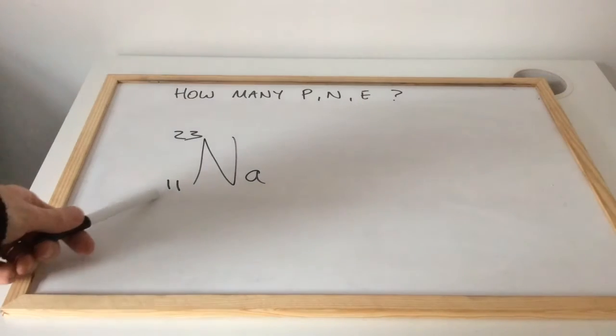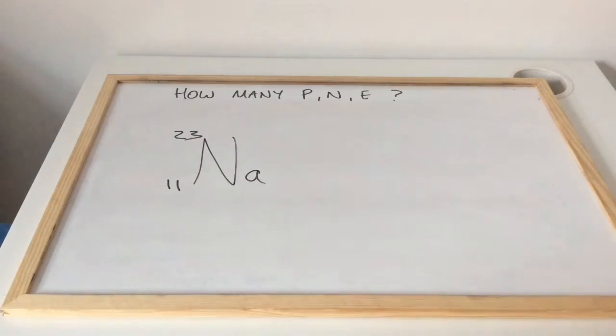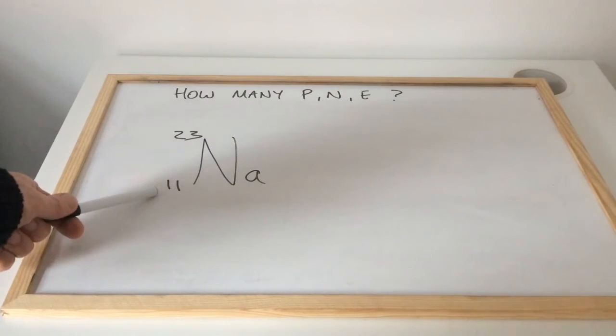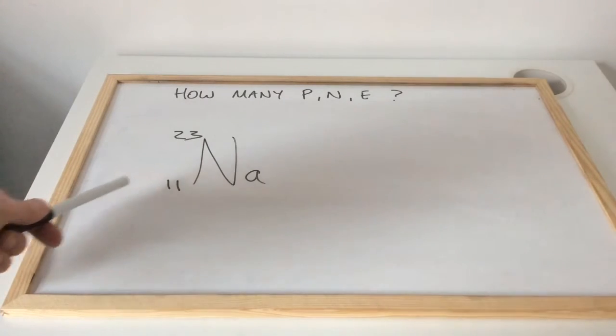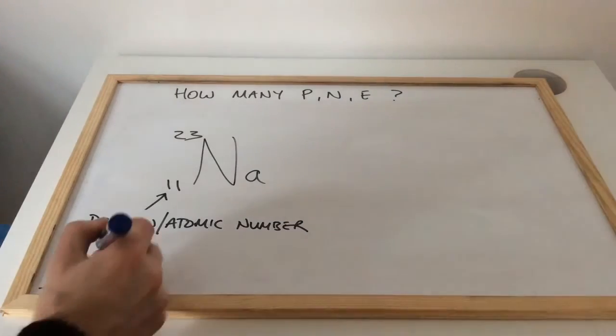The smaller number, the 11 in this case, is what we call the proton number, or you can call it the atomic number. Essentially this number determines what the atom is. Because sodium has a proton or atomic number of 11, that's telling us that atoms of sodium have 11 protons.